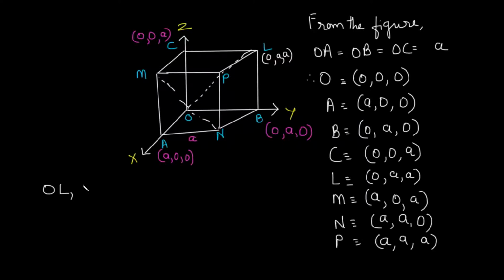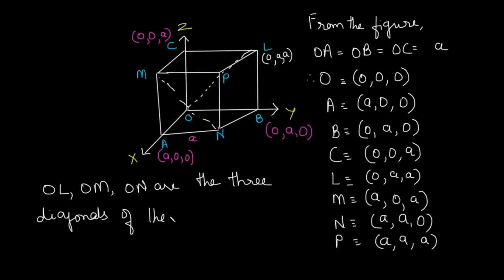So OL, OM and ON are the three diagonals of the cube meeting at vertex O.